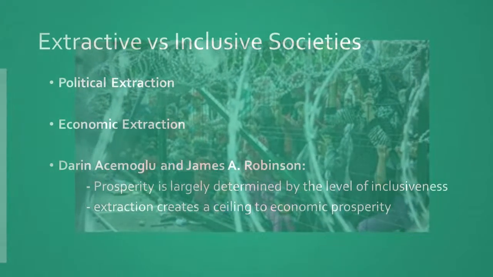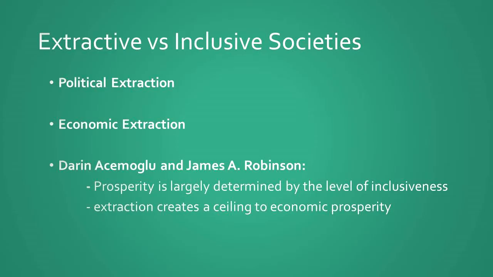I think even more important is the internal organization of the state. So do you have an extractive state from the beginning, or do you have an inclusive state, an inclusive society? You can think of political extraction and of economic extraction, but in the end, most of the time, the two team together. So political extraction can hardly exist without economic extraction of the rest of the population by the elite, and the other way around.